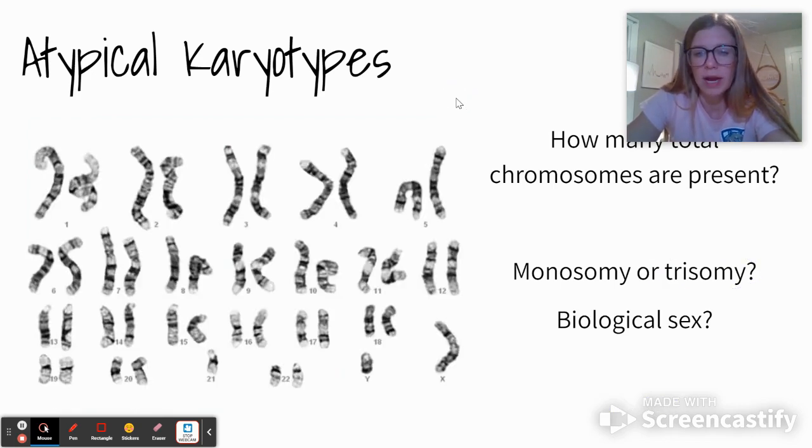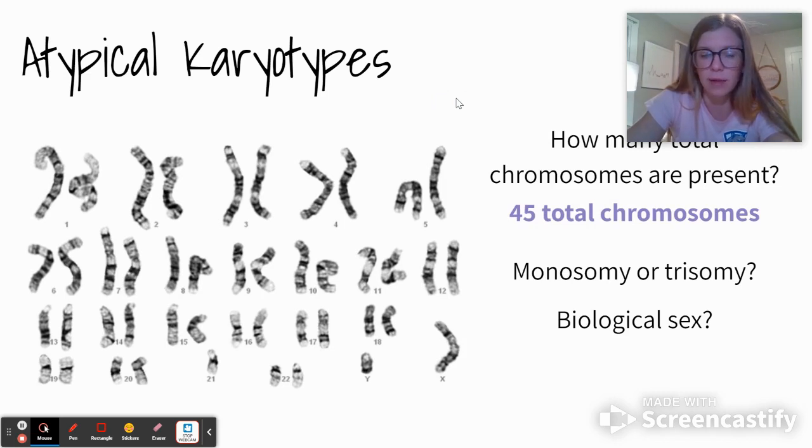If we do one more atypical karyotype, I want you to determine how many chromosomes are present here. Hopefully you said 45, because in this particular example, if we look at location 21, we only see one chromosome there.